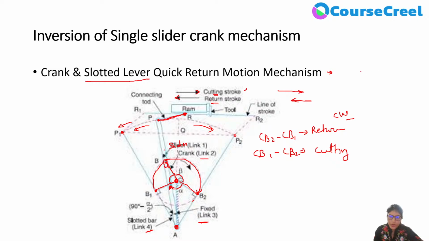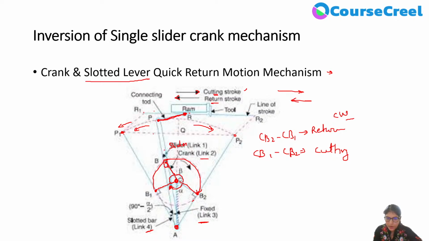Now if we want to define the complete stroke covered by the tool, it is the summation of cutting stroke and return stroke. So suppose this slotted bar is moving from P1 to P2, so the same motion we are considering, or the same distance we are considering for the tool for the cutting stroke and return stroke.